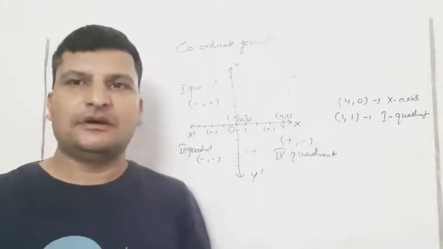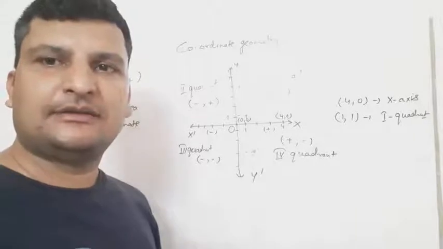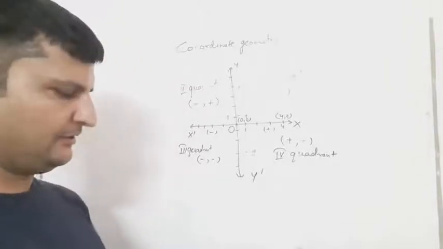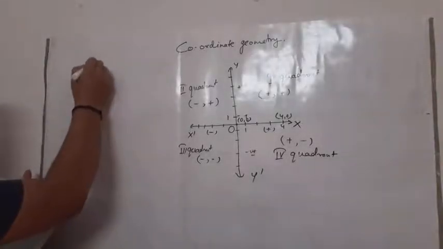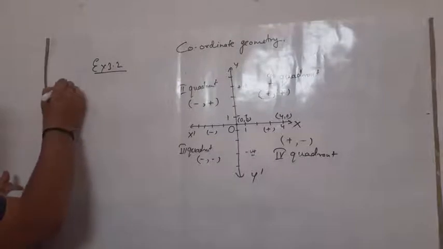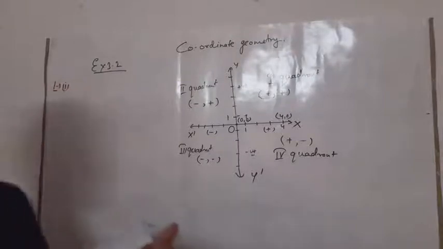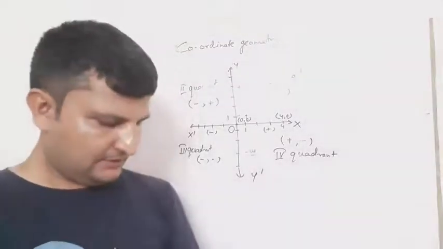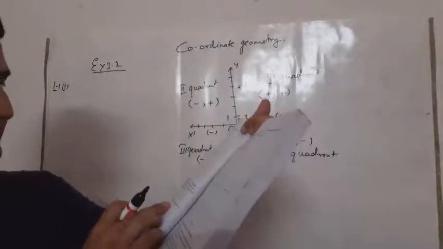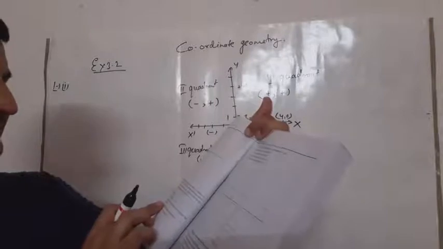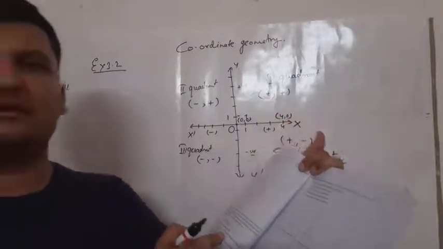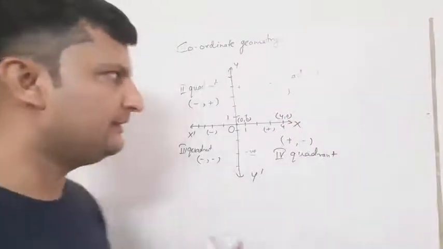So now we will start exercise 3.2. First question is written there. What is the name of the horizontal and the vertical line drawn to determine the position of any point in the Cartesian plane? I have already told you.